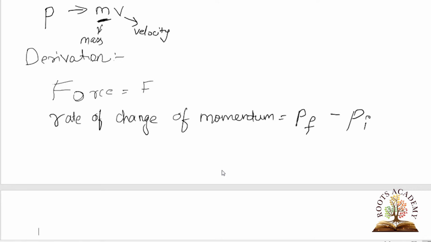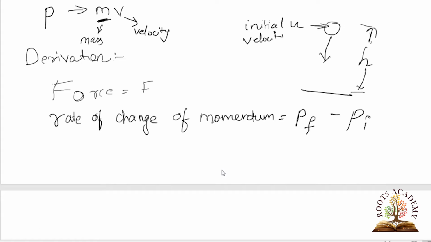For example, this ball is falling from a certain height. Now this ball had a certain initial velocity, and when this object reached the ground, it had a certain velocity, also called the final velocity.